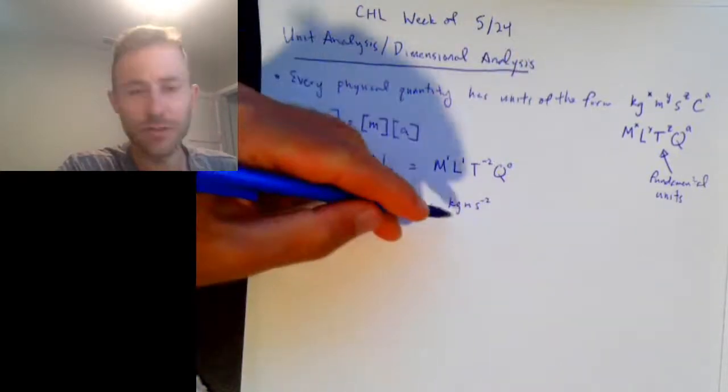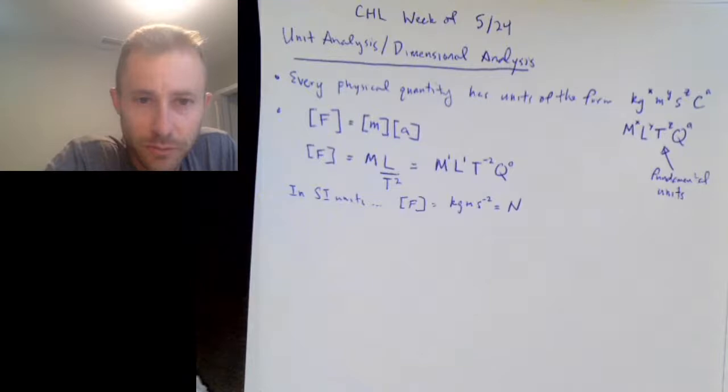All right, and this, of course, has the name newtons. So 1 kilogram meter per second squared is defined as 1 newton.